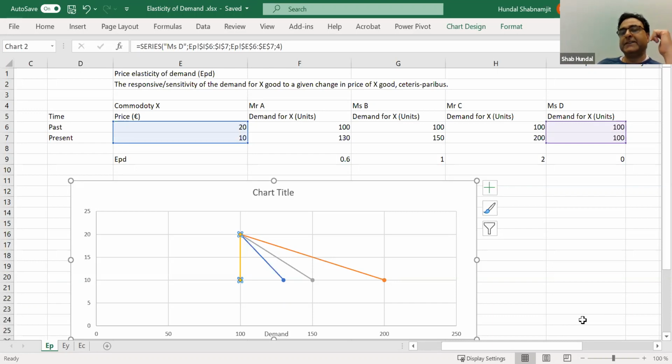I would be very pleased to have a consumer like Mr. C, because a bit of lowering the price brings a massive increase in his consumption. But I would not like to have consumers like Miss D, because even if I lower the price, the demand doesn't change.